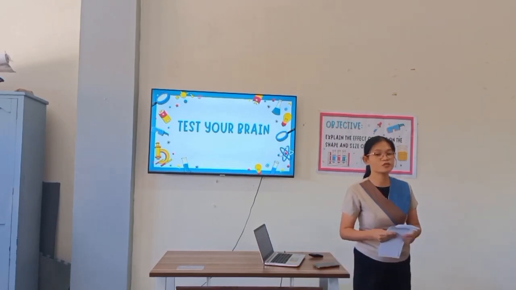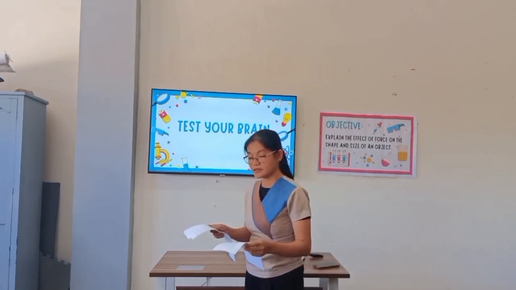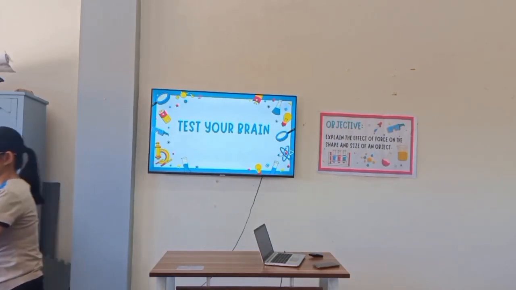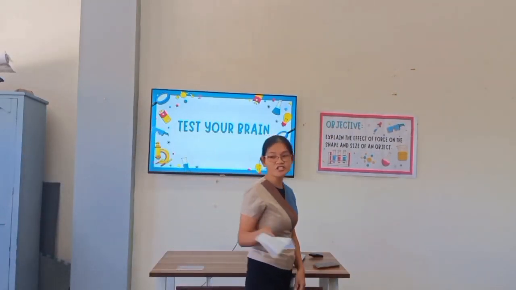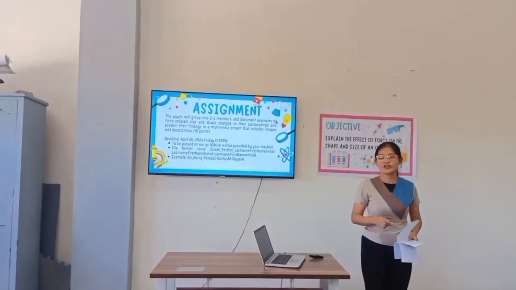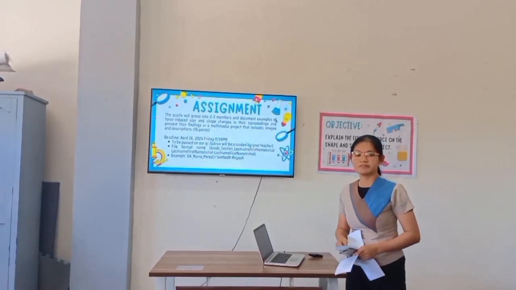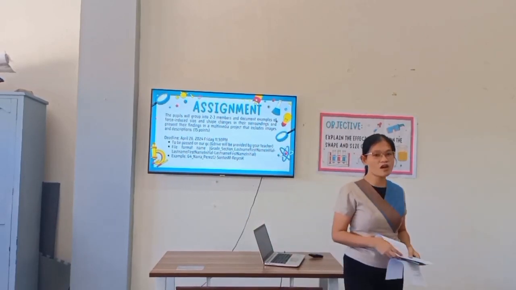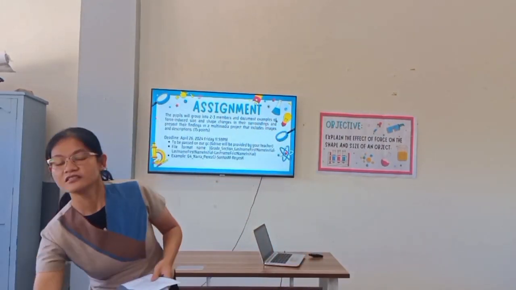Okay, I will distribute it to your classmates. Kindly pass it forward. I will give you 10 minutes to answer it. Your timer starts now. Okay, time's up. Paper's up. Pass it forward, everyone.